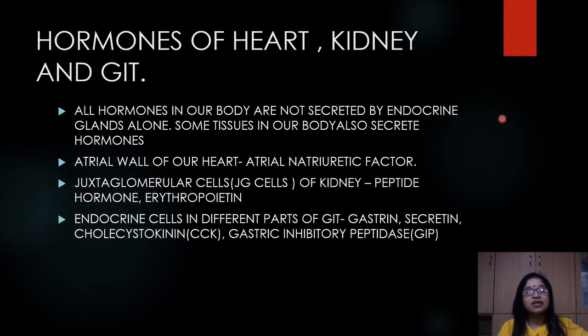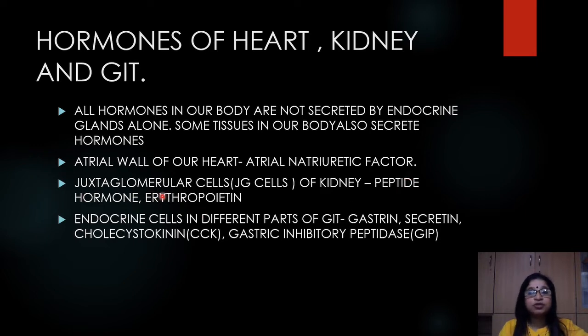Along with the endocrine glands, we had talked about endocrine glands secreting hormones. There are other isolated cells within our body which also secrete hormones. Let's have a look: the hormones of the heart, kidney, and the gastrointestinal tract. All hormones in our body are not only secreted by the endocrine glands alone. Some tissues in our body also secrete hormones, like the atrial wall of our heart secretes the atrial natriuretic factor.